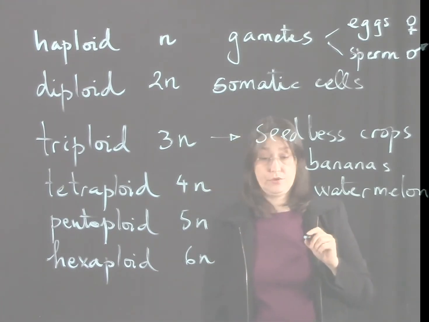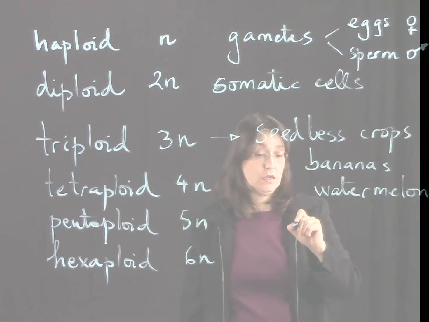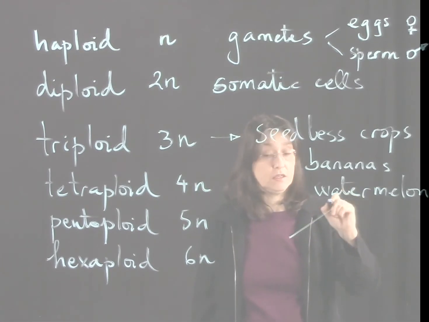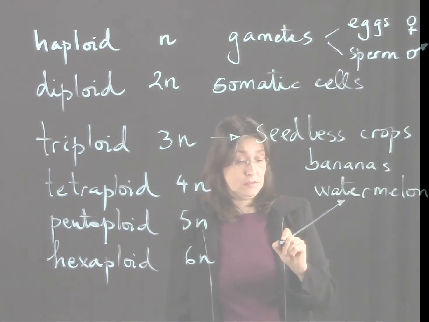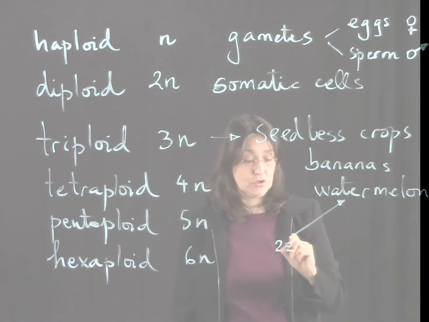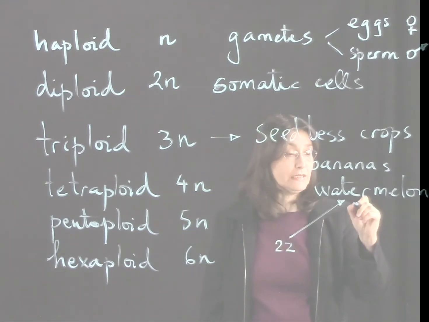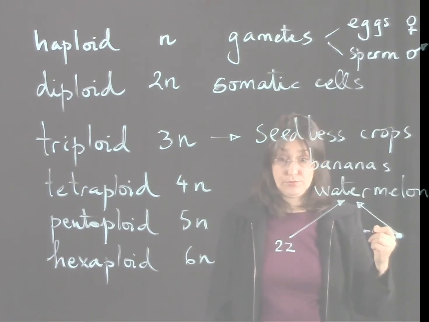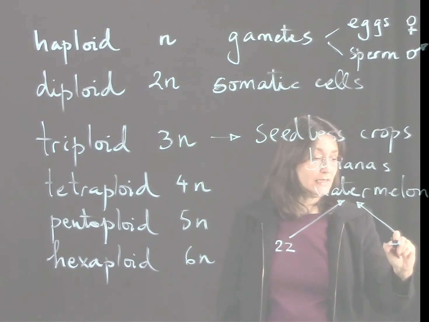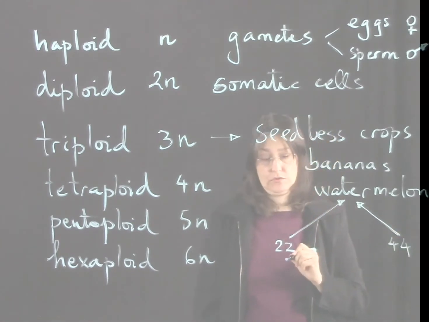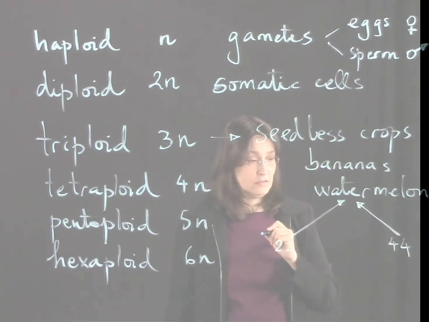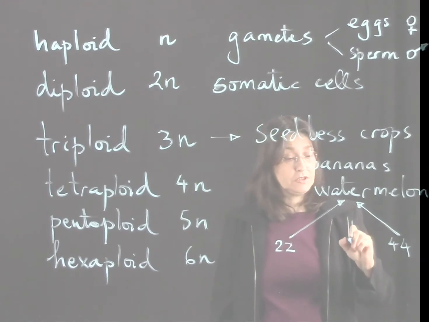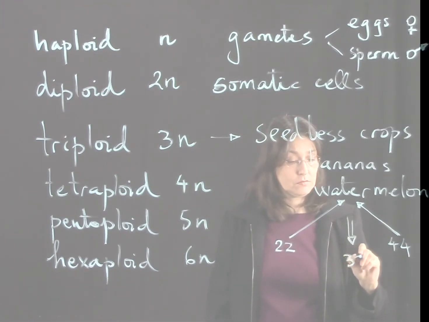In order to produce that, every year you have to cultivate a diploid watermelon variety that has 22 chromosomes, and breed it with a tetraploid variety of watermelon that has 44 chromosomes. So the seedless watermelons would have 33 chromosomes.